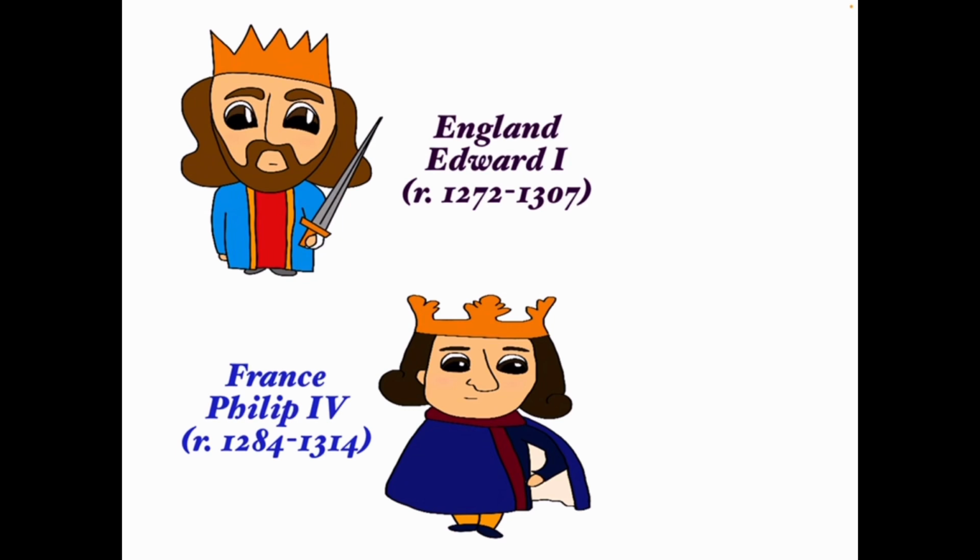However, Philip IV has some sons, but they all die. The last one dies, leaving no heir. And by there being no heir, the French royals have to find someone to take his place. They end up getting one of Philip III's grandsons to step in and become king. His name is Philip VI, and he rules from 1328 to 1350.